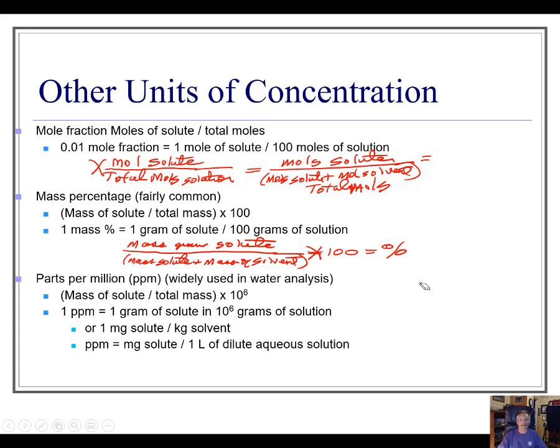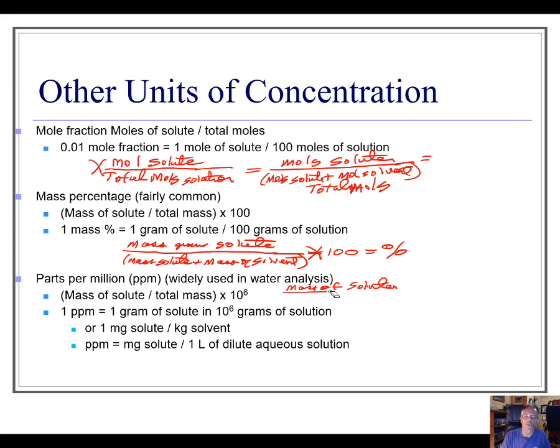There are a couple of ways that you can calculate that. Take the mass of the solute, whatever it is. It's very similar to mass percentage, but mass percentage is just parts per 100.